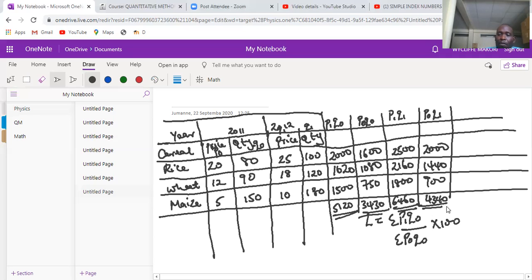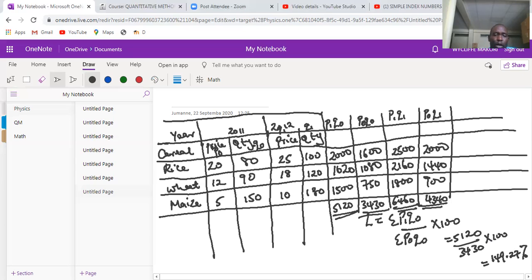For example, for the Laspeyres, we have P1, Q0, which is 5120 over P0, Q0, which is 3430 times 100, which will give you 149.27%. You can go ahead and confirm that.